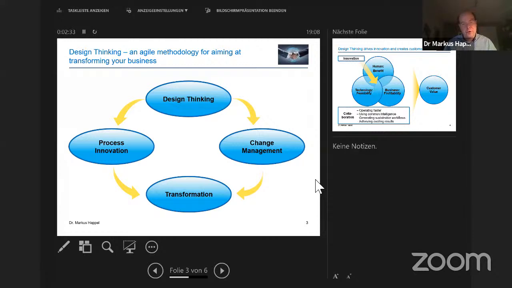But with design thinking and agility, we are not looking into detailed requirements in the very first step and then following the path, hoping we will have the solution as planned after a long period of time. Here we are talking about an agile methodology, design thinking, which is able to have iterations on your path, going through that process innovation path to transform your business.